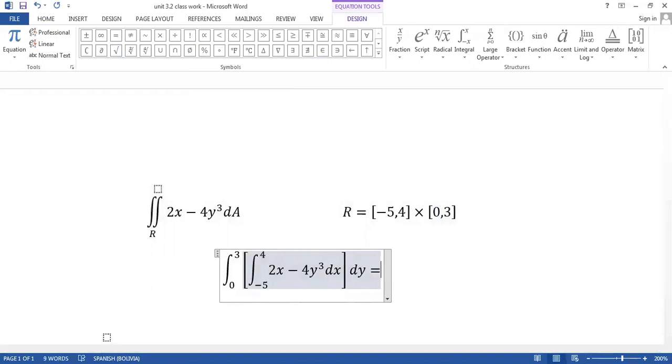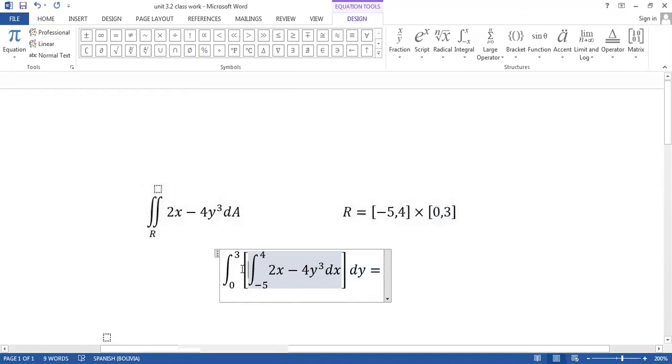Instead of focusing on the outer function, we focus on the inner integral. This is what we're concentrating on, and we're going to leave everything outside alone while we deal with inside.